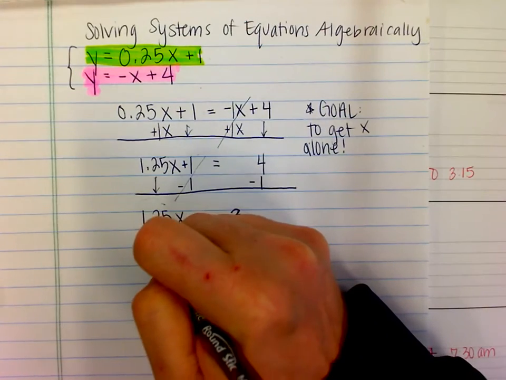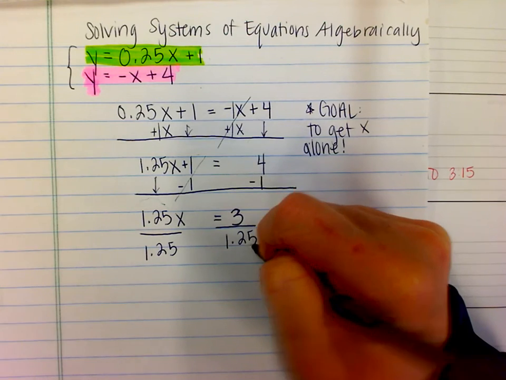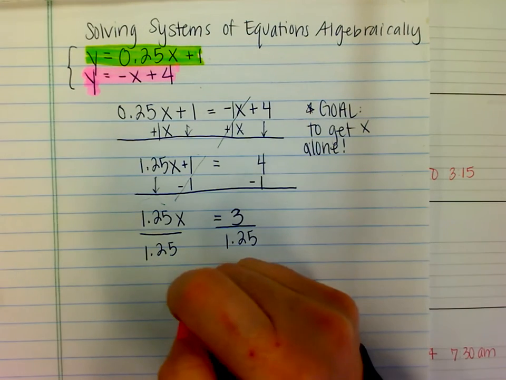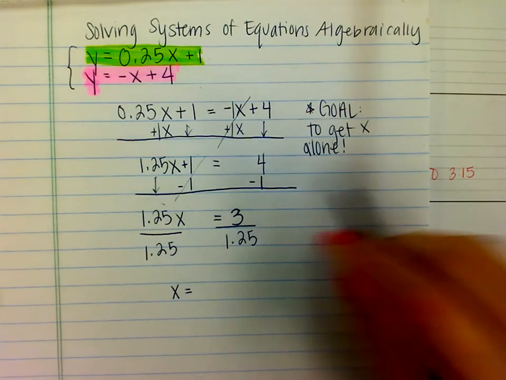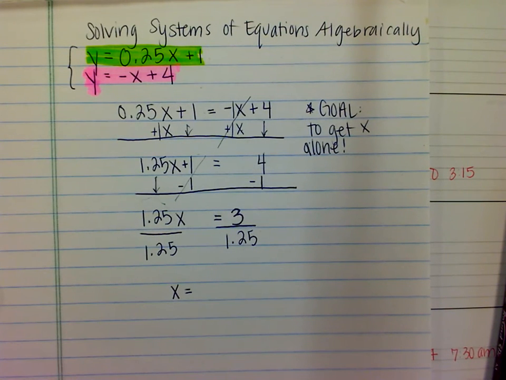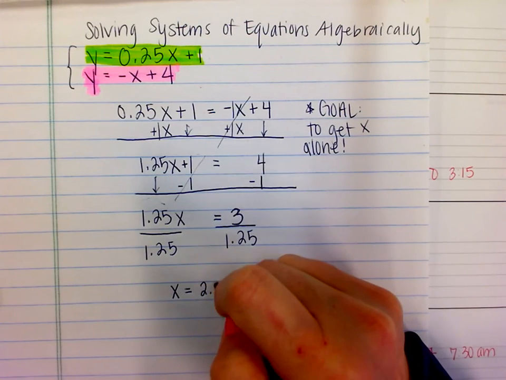So we're going to divide both sides by 1.25. And x is going to equal 2.4.